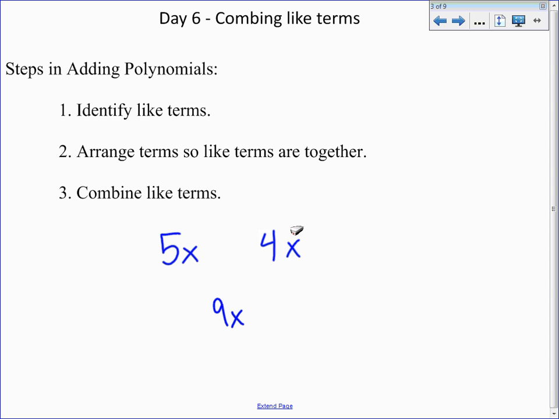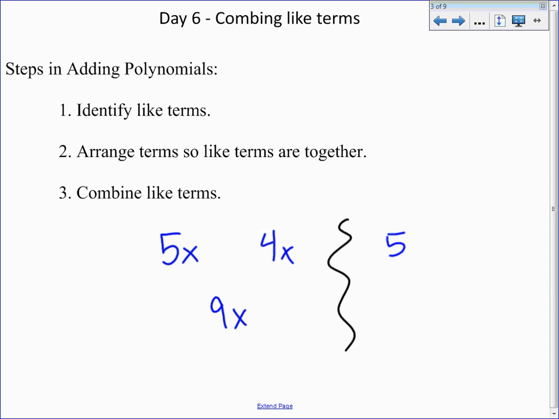The way I like to think of it is by using the juice analogy. If this was 5 glasses of orange juice and this was 4 glasses of orange juice, the most efficient way to store that would be to get one pitcher and put 9 glasses of orange juice in that one pitcher. However, if we change this, here I'll draw that second problem over here.